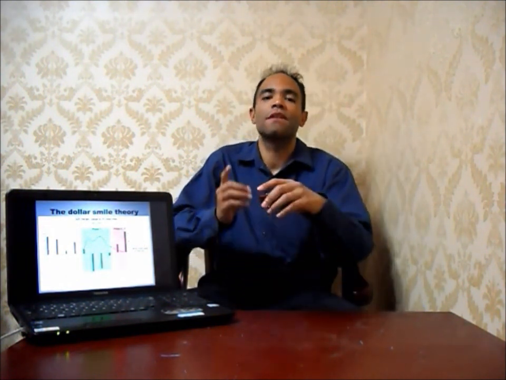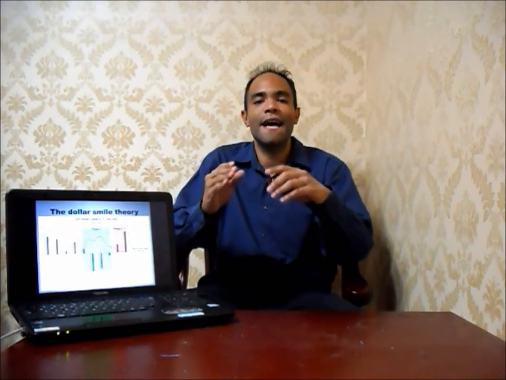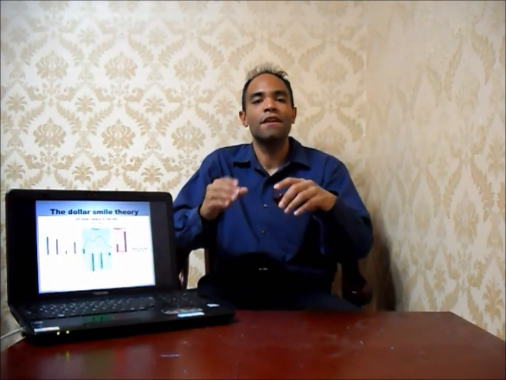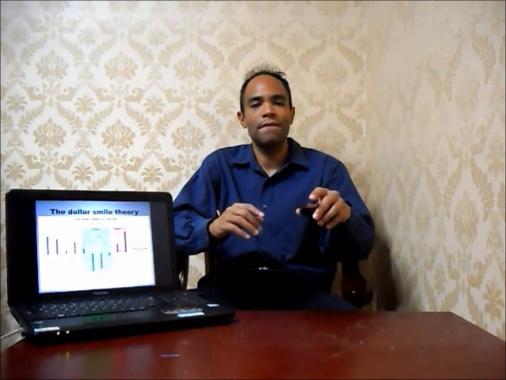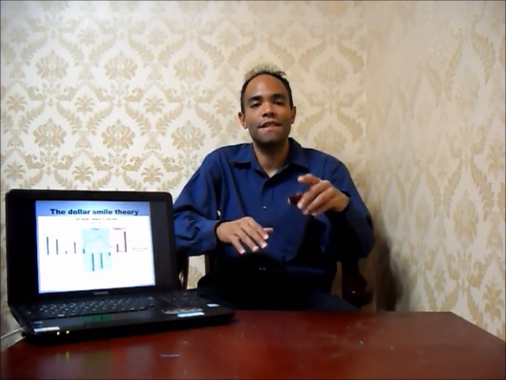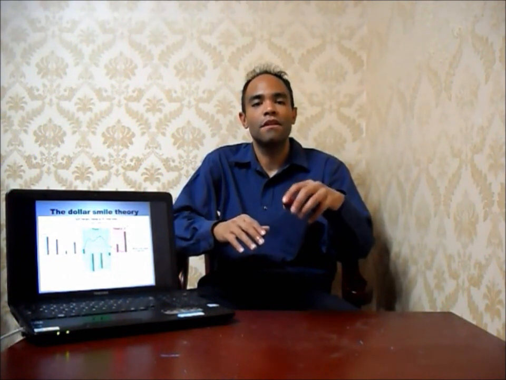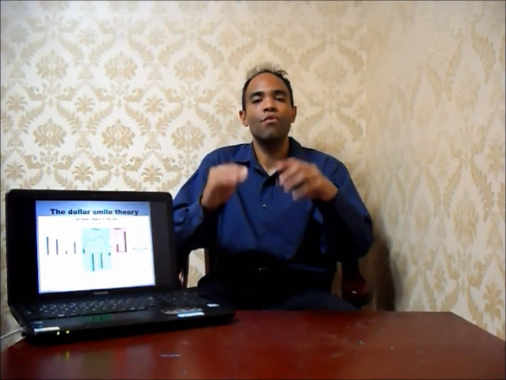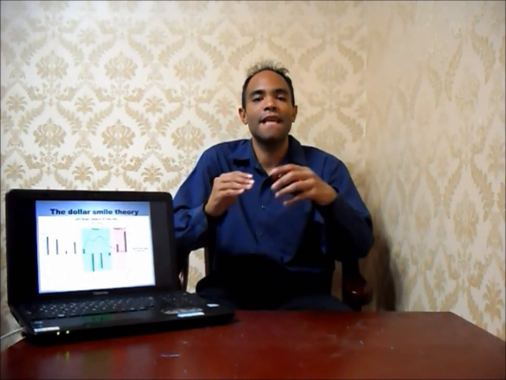So these two previous charts should give us an idea that just because the US economy is doing poorly, that doesn't mean that the value of the US dollar is also poor.